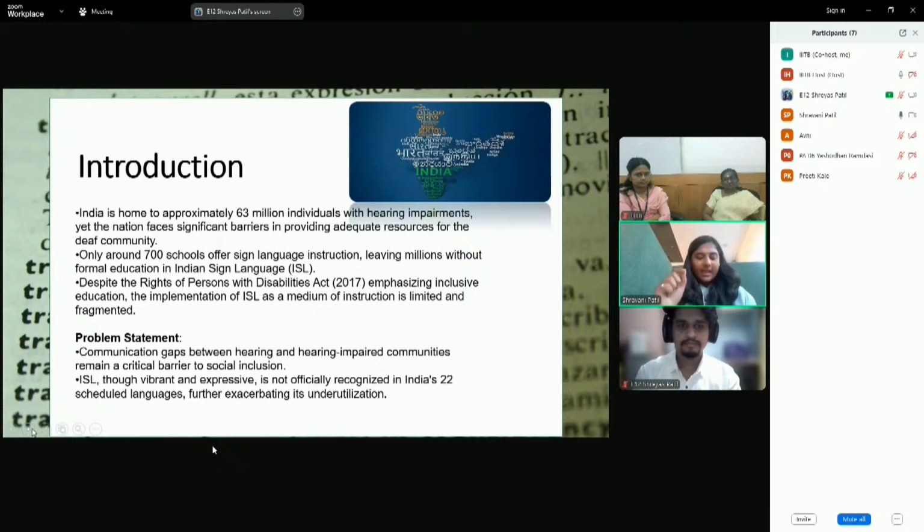Despite this significant population, the resources to support them are minimal. There are only 700 schools in the entire country that provide instruction in Indian Sign Language. Even the Rights of Persons with Disabilities Act introduced in 2017, which emphasizes inclusive education, has limited and fragmented implementation of ISL as a medium of instruction. This brings us to the core problem, the communication gap between society and the hearing impaired communities.